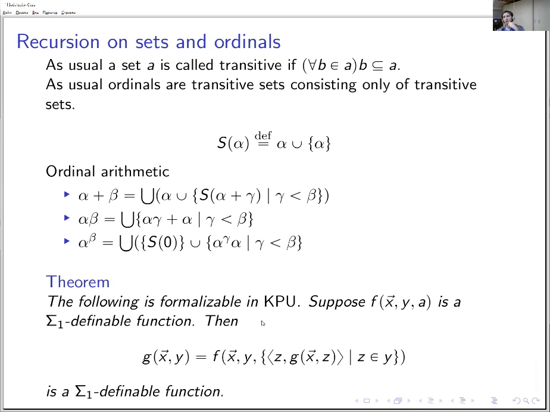We say that the value of g on given x, y is something if there exists a partial graph of g on the transitive closure of the set y such that it abides by this recursive definition.